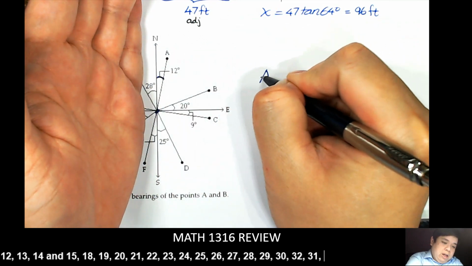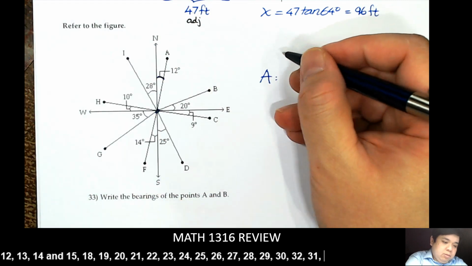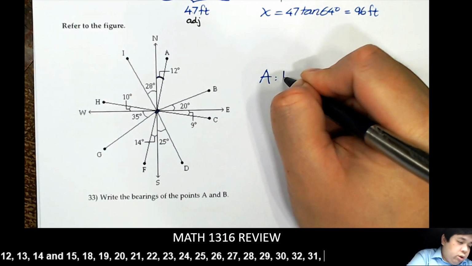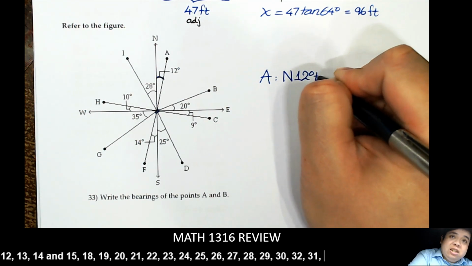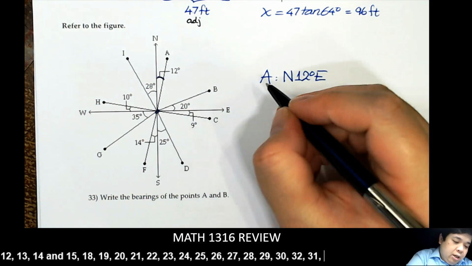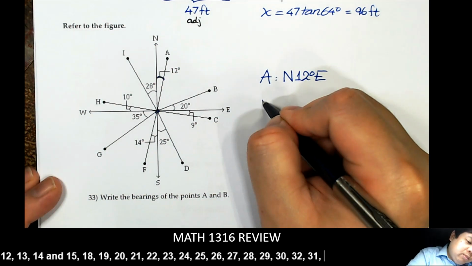So point A is, with respect to north, we're going 12 degrees on the east side. So the bearing we write with respect to the north-south line, and then whatever angle we go from the east or the west. East is on the right, west is on the left.